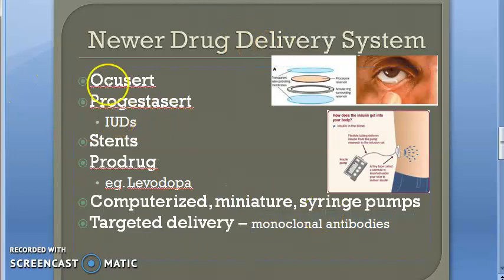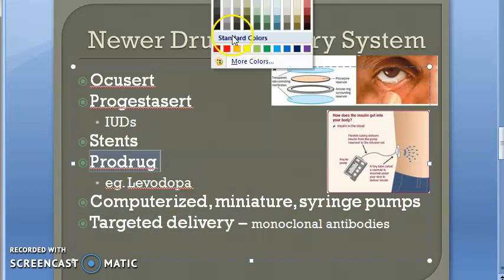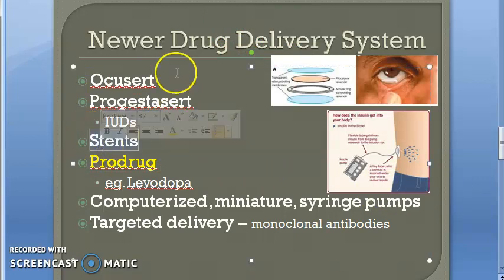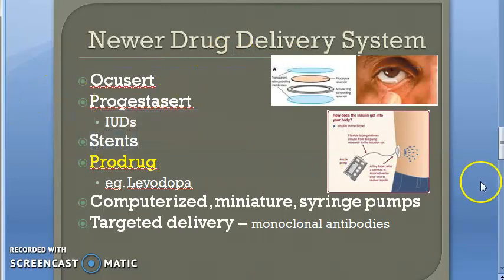You will have to know these: Ocusert, Progestasert, stent, prodrug, computerized miniature syringe pumps, targeted delivery. Remember, prodrug is also a drug delivery system. Stent, all that you will write, right?